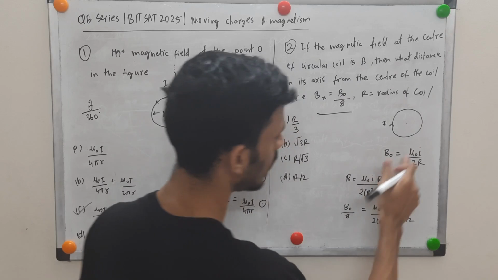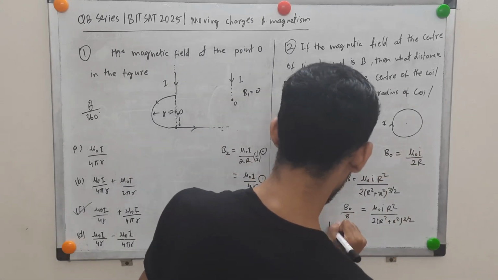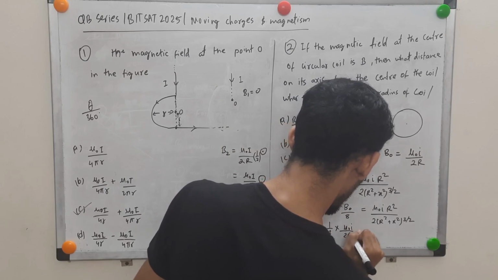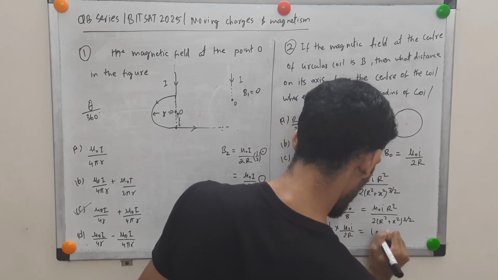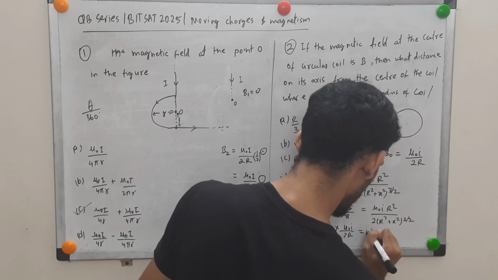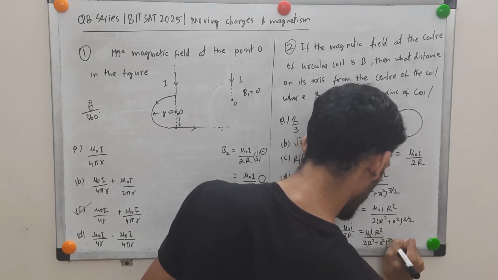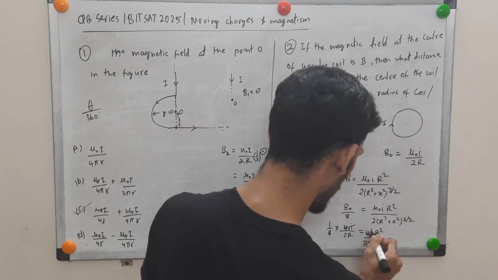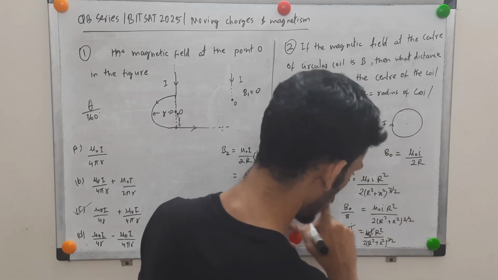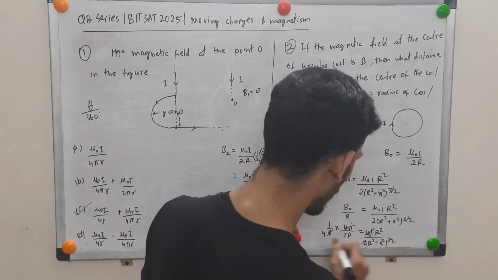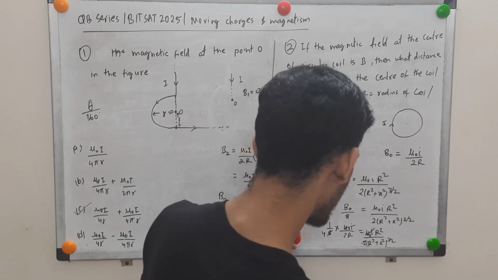Now this B naught we know, it is mu 0 I upon 2r, so 1 by 8 mu 0 I upon 2r. I can cancel stuff over here, mu 0 I can cancel, 2 4s are, right, and again 4 2s are.